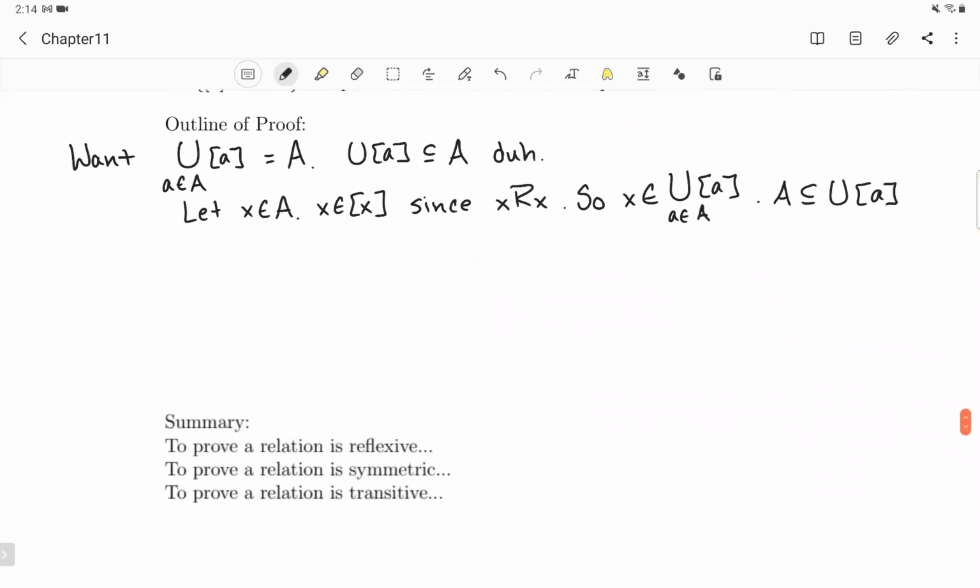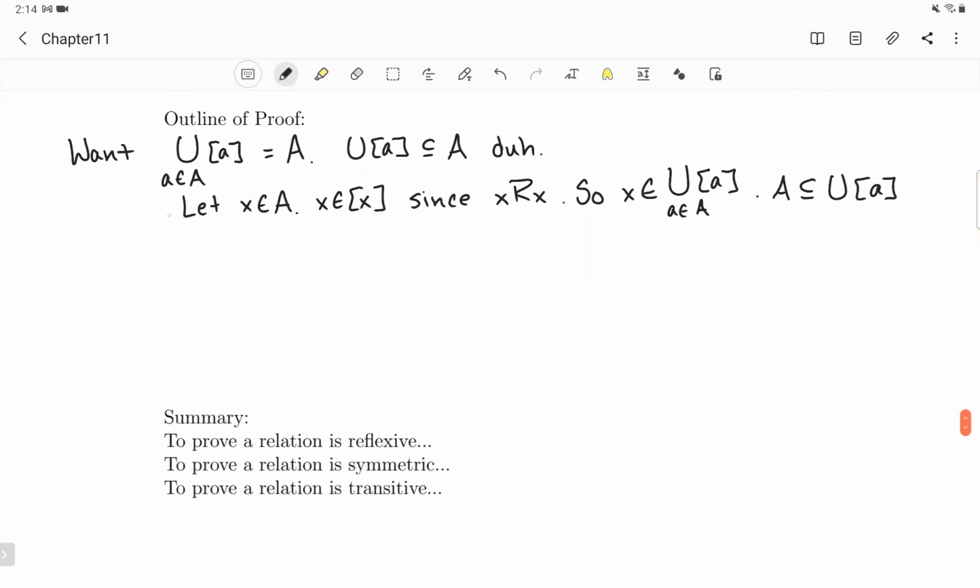All right, so let's show that. So let's consider the equivalence class of some a intersect the equivalence class of some b. If this is empty, we've got what we want, right?